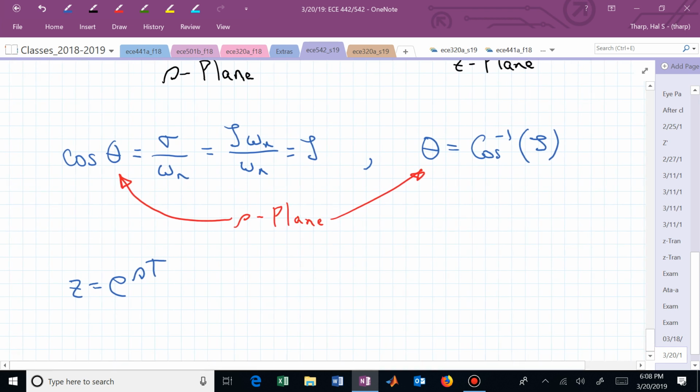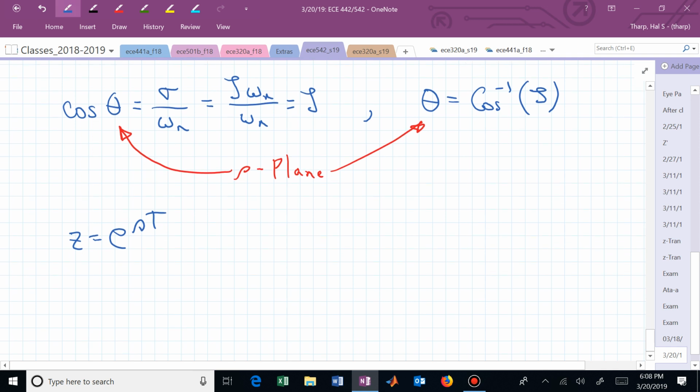All right. Now what is S written in terms of our parameter values? S we can equivalently write as minus zeta omega sub n, that's the real component, plus j omega sub n square root of 1 minus zeta squared.